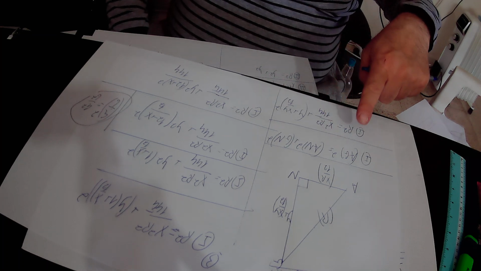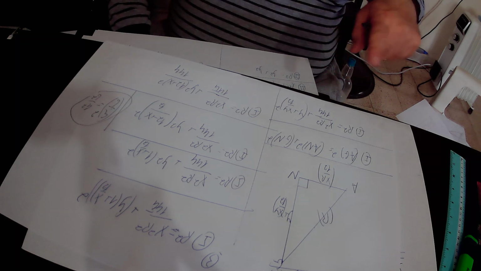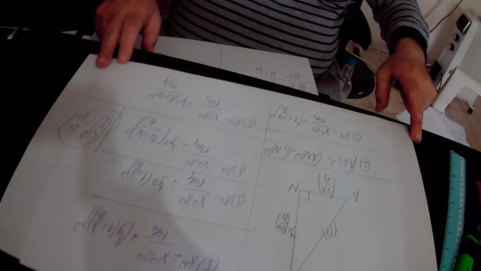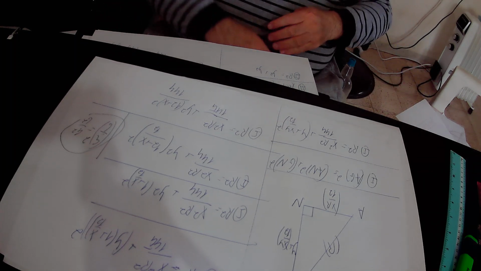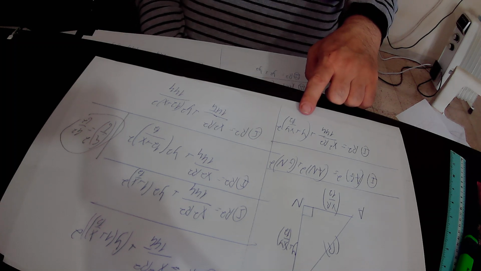AN is xr over 12, therefore AN square is x square times r square over 12 square, that is 144. So according to equation 1, r square equals x square times r square over 144 plus y plus xy over 12 square.